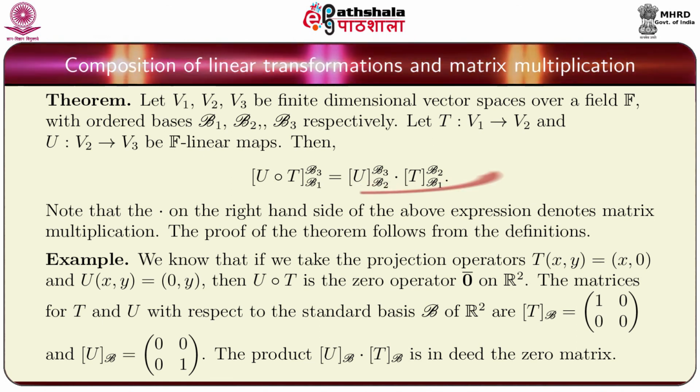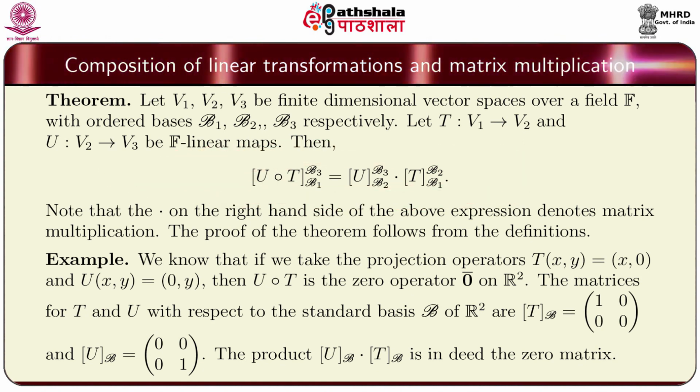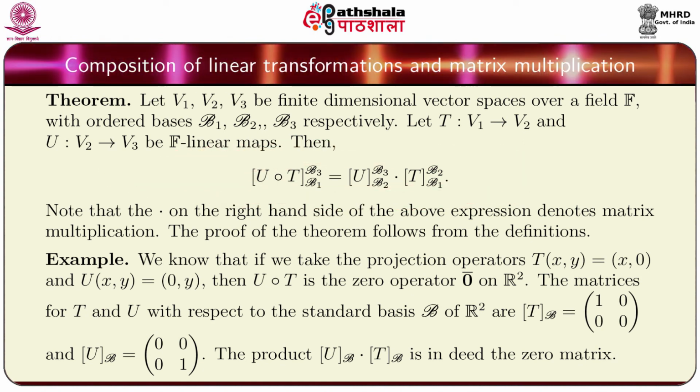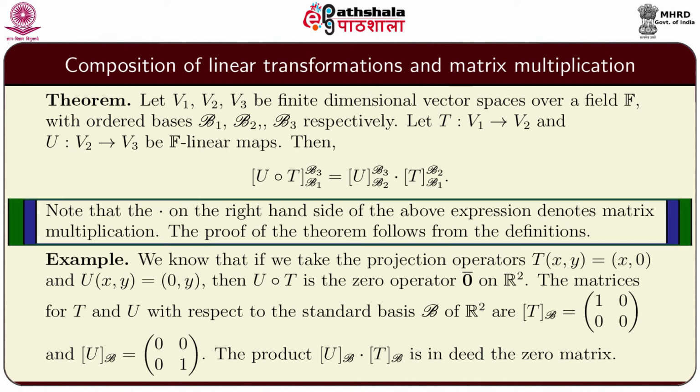Let us write them as [T] B1 B2 and then [U] B2 B3, and it follows that the matrix representation for the composition map U composition T with respect to the ordered bases B1 B3 is nothing but the product of the matrices [U] B2 B3 on the left and then [T] B1 B2 on the right. Note that the dot on the right hand side of the above expression denotes matrix multiplication.